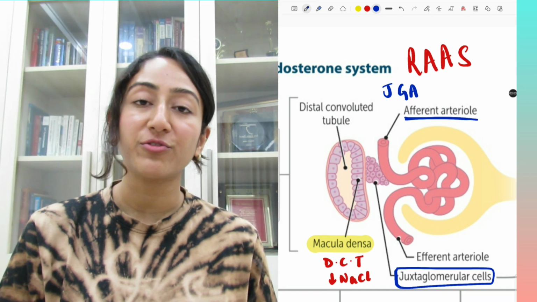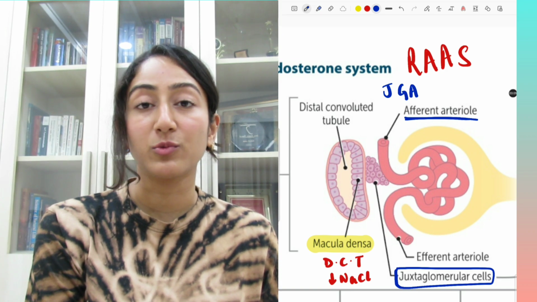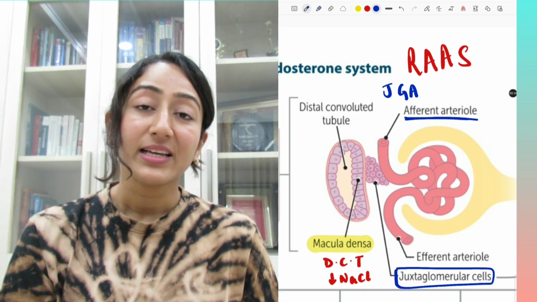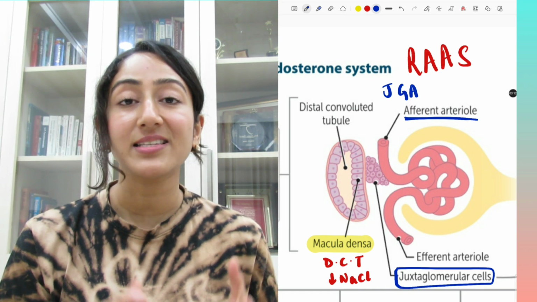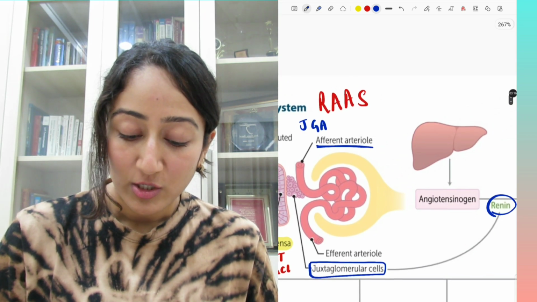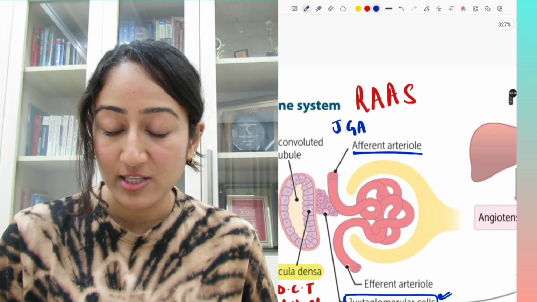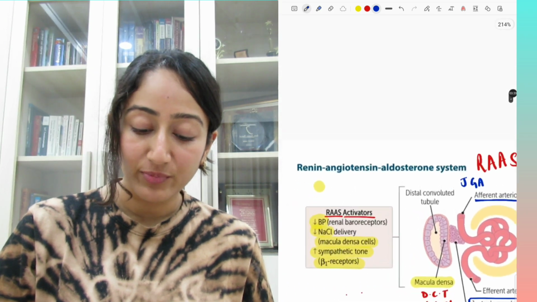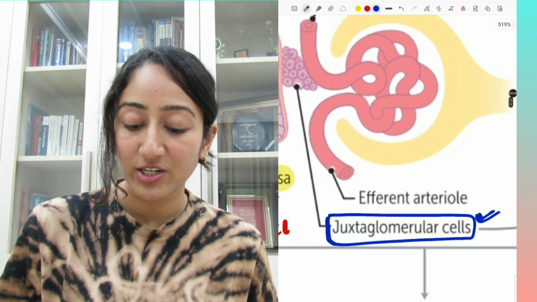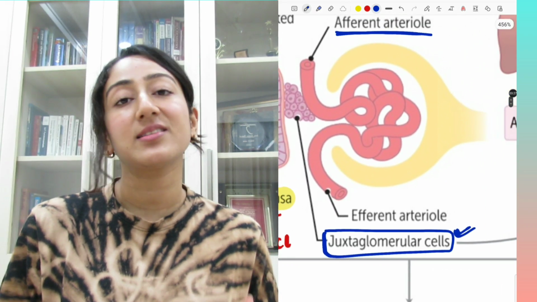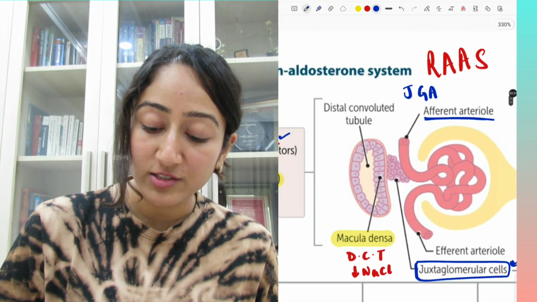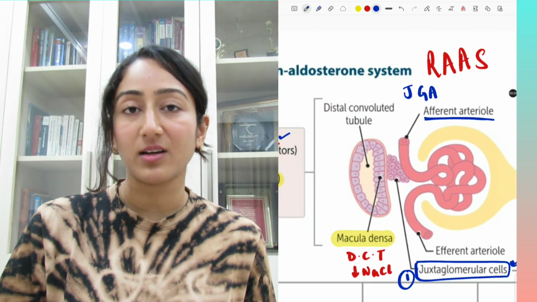They are the modified smooth muscles of your afferent arteriole, and the reason why they are so important is that they synthesize renin. Activation of RAAS will indirectly activate your juxtaglomerular cells, because these are the cells which actually synthesize your renin. So this was the first component of the juxtaglomerular apparatus.